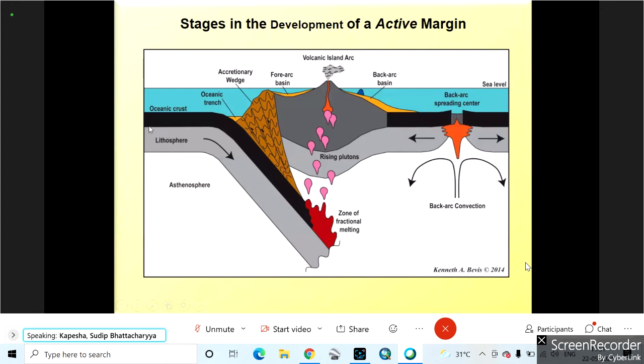So where an oceanic crust is downgoing below an overriding continental crust, then what happened? Then on the back of the oceanic crust, the sediments that have been deposited there are getting thrusted. Why thrusted?